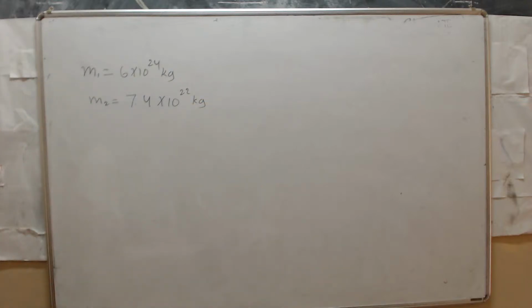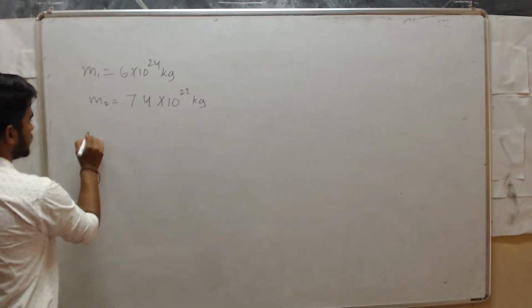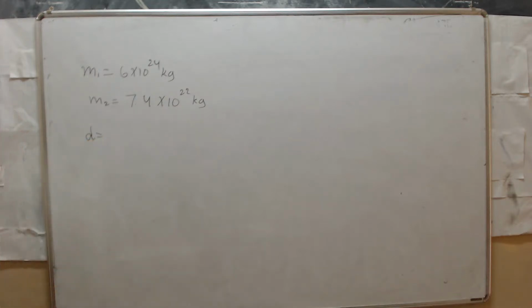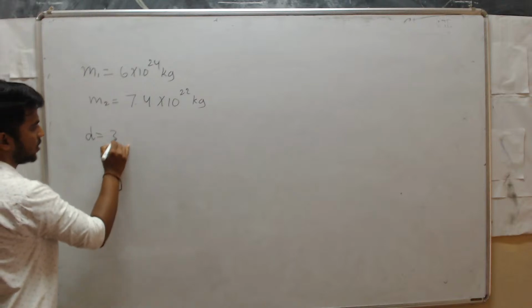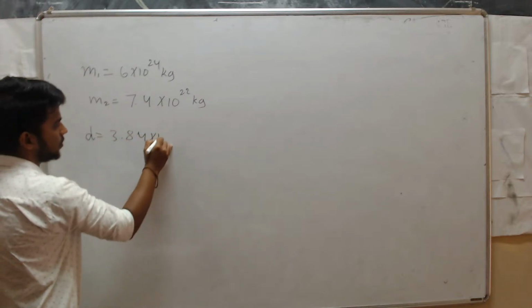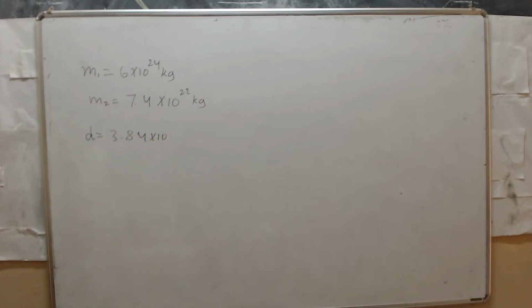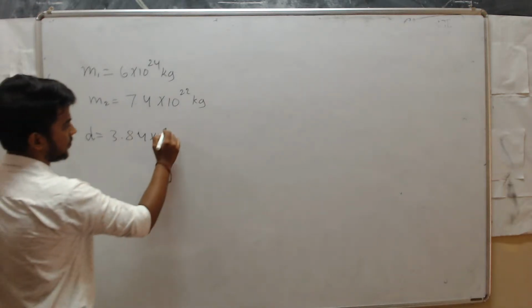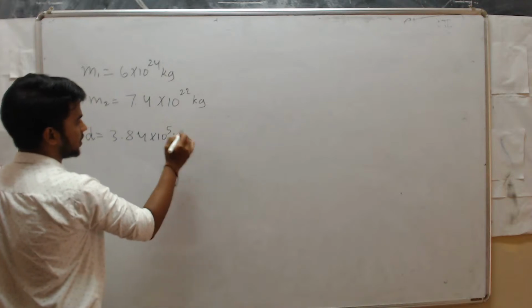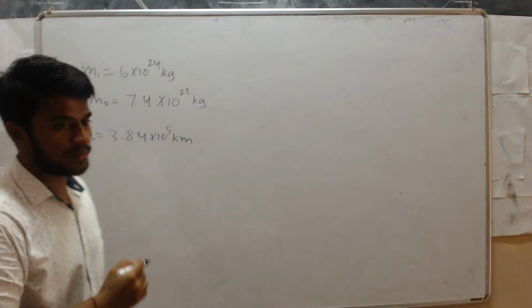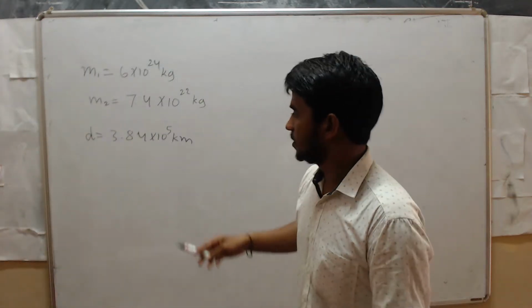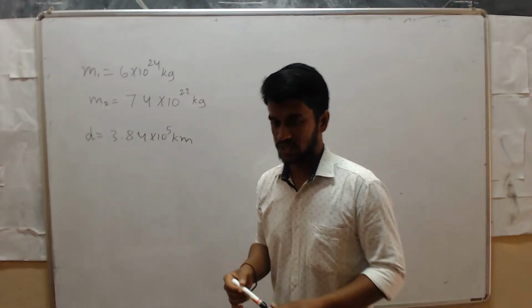Next, the distance between the Earth and the Moon. D is equal to 3.84 into 10 raised to the power 5 kilometer. Now convert this distance into meter first.